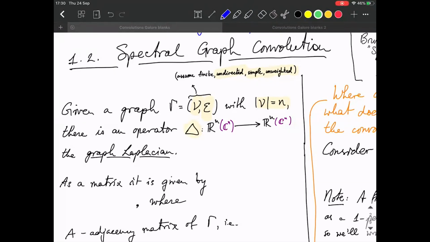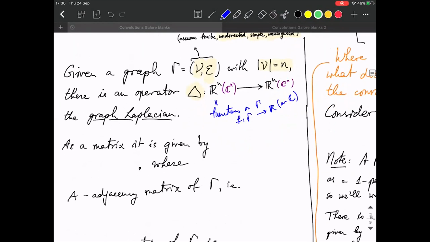But the way to think of these Rn's is basically as functions on the graph. Functions from gamma to R, real or complex valued functions on the graph.